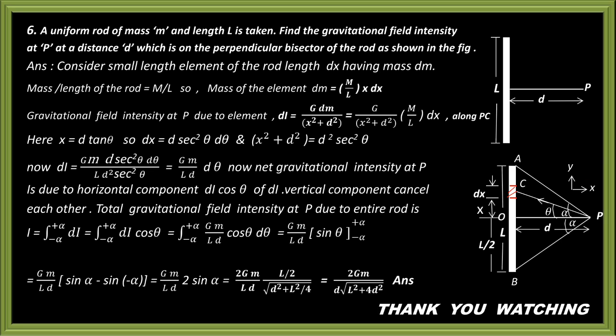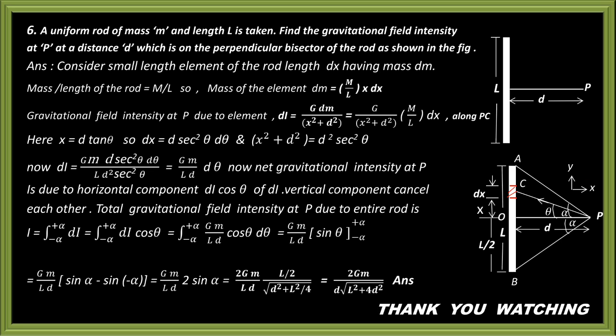So the total gravitational field intensity at P due to the entire rod can be calculated by integrating dI between the limits minus alpha to plus alpha, and the net gravitational intensity at P is due to the horizontal component dI cos theta.